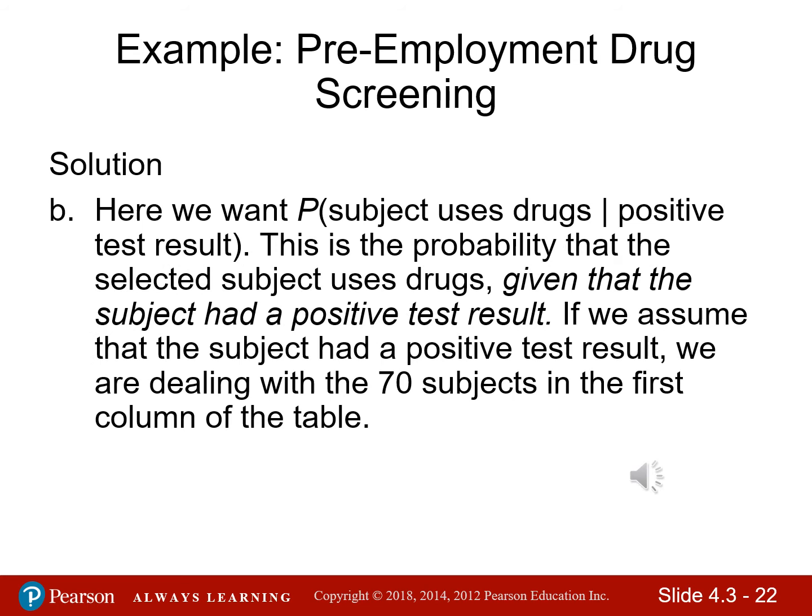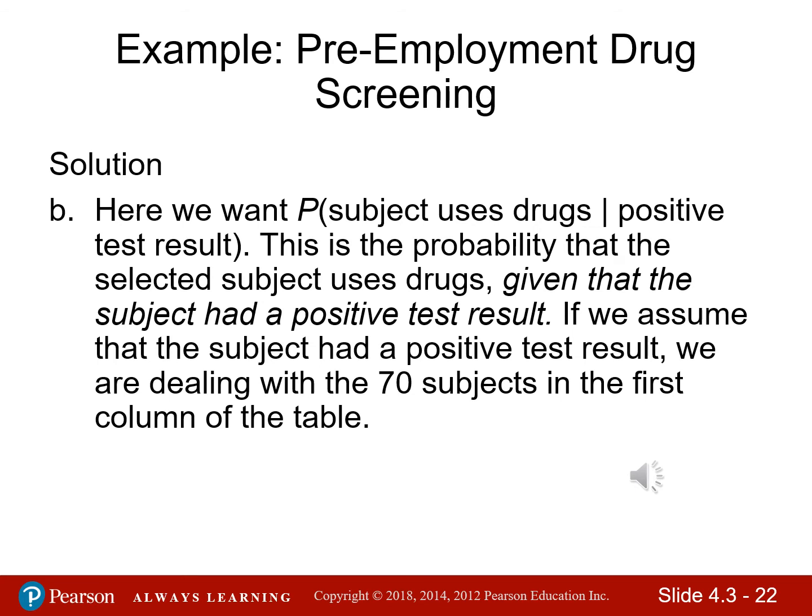Let's recall part B for the pre-employment drug screening problem. If one of the test subjects is randomly selected, find the probability that the subject actually uses drugs given that he or she had a positive test result. So here we're going to find the probability that the selected subject actually uses drugs given that the subject had a positive test result.